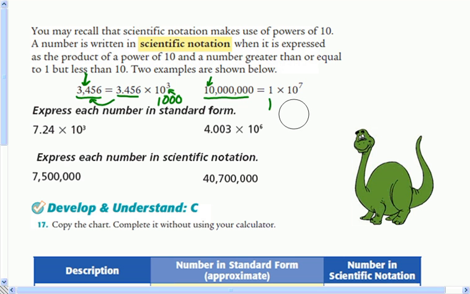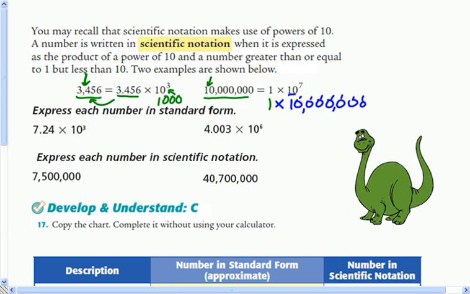So we're just going to write 1 times 10 million equals 10 million, and 10 million is 10 to the, we can just count the zeros in this place to know what power it is. So it's 10 to the 7th power.